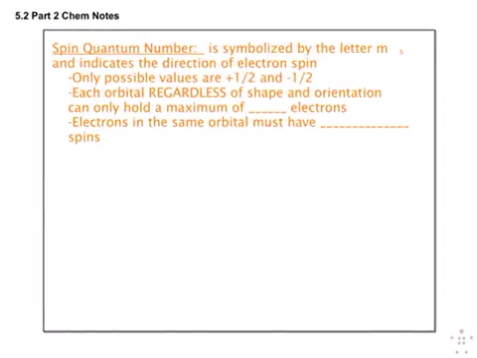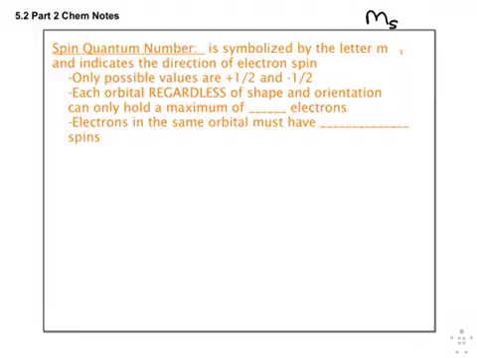The last quantum number is quite possibly my favorite because I'm a nerd like that and have a favorite quantum number. And this is called the spin quantum number, and it's symbolized by the letter m sub s, and it indicates the direction of the electron's spin within each orbital.